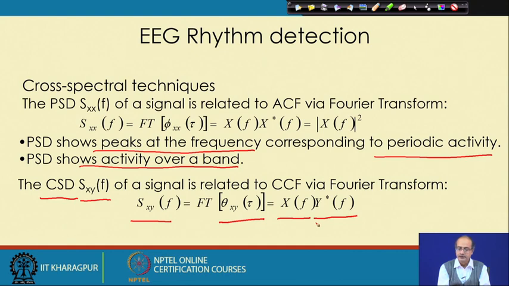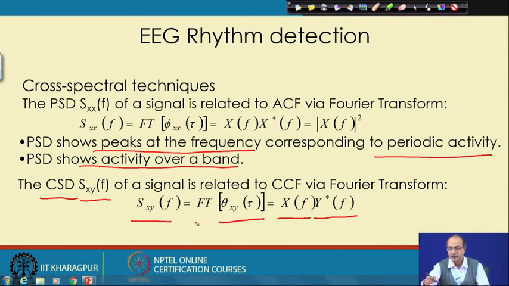Here the interpretation remains very similar to what we were doing. If we have two signals that match at a particular frequency or a band of frequencies, then we will find peaks in the cross spectral density. If there is no match, we will get a very low value.